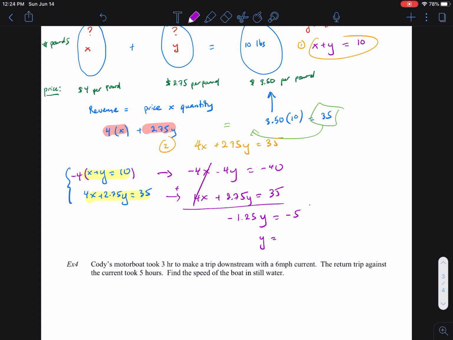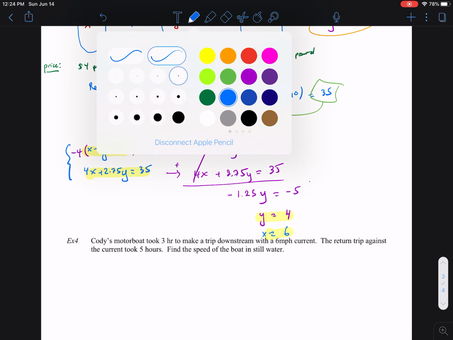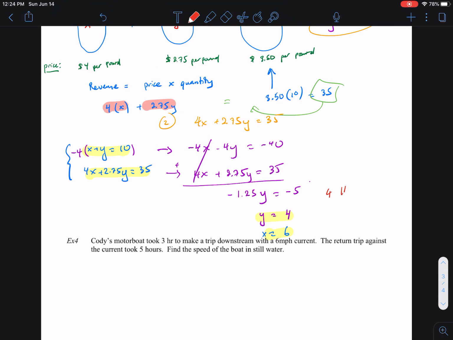Then divide -5 by -1.25. That will give us 4 pounds for TB, and then TA should be 6 pounds, and that should be your answer. So 4 pounds of TB and 6 pounds of TA for this mix.